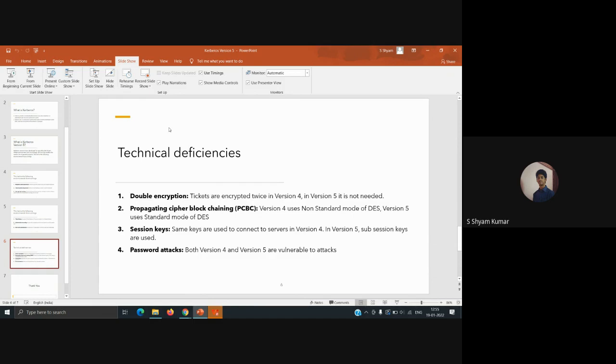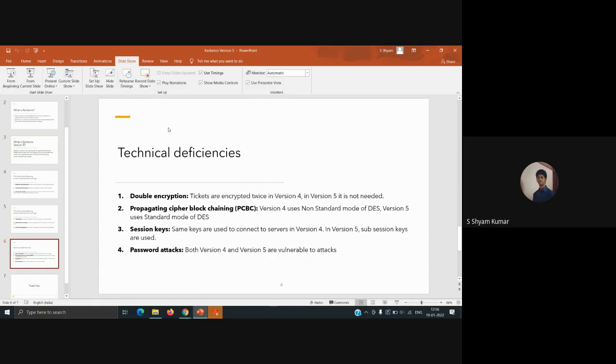Third one is session keys. In version 4, the same keys are used to connect to servers. But in version 5, sub-session keys are used. In version 4, the same keys are used to authenticate and encrypt the data.